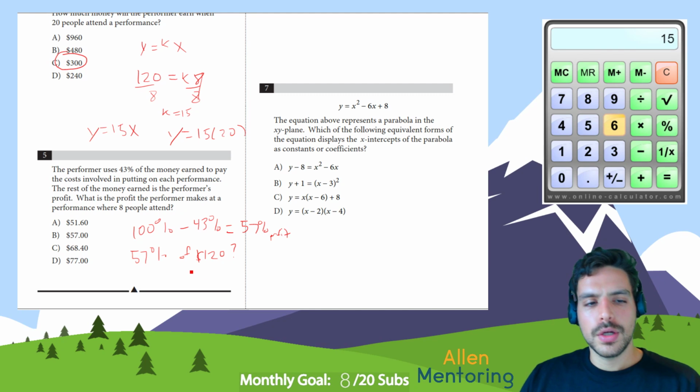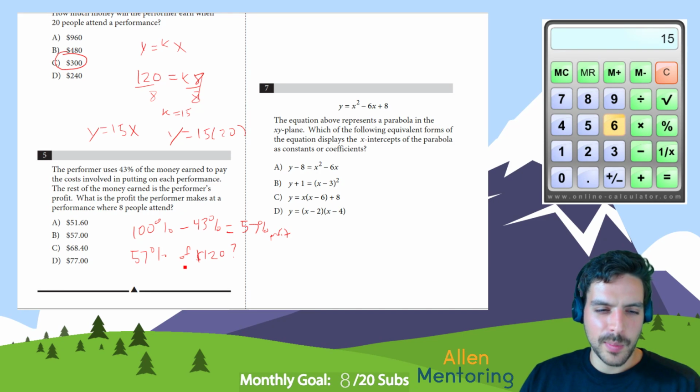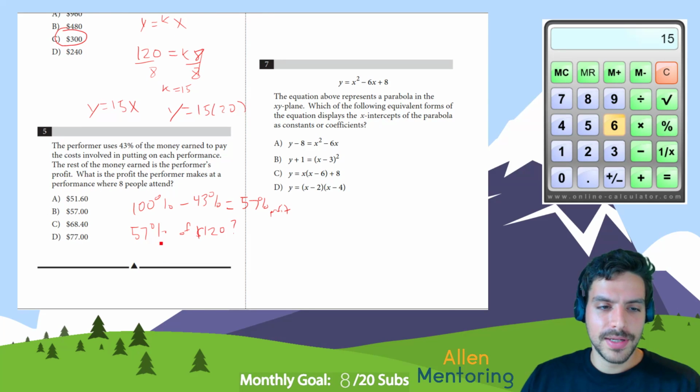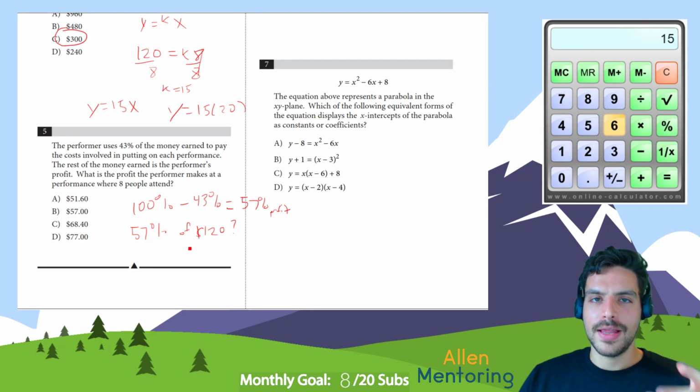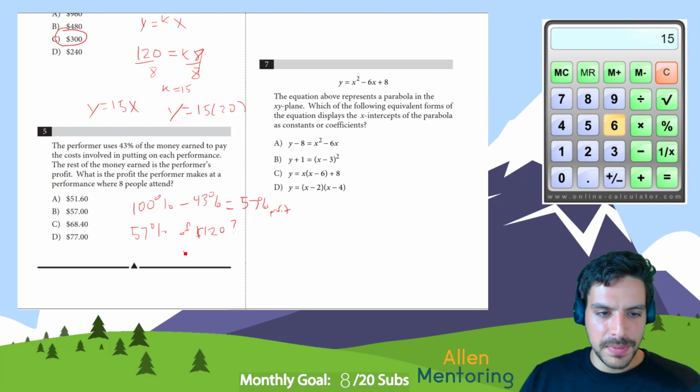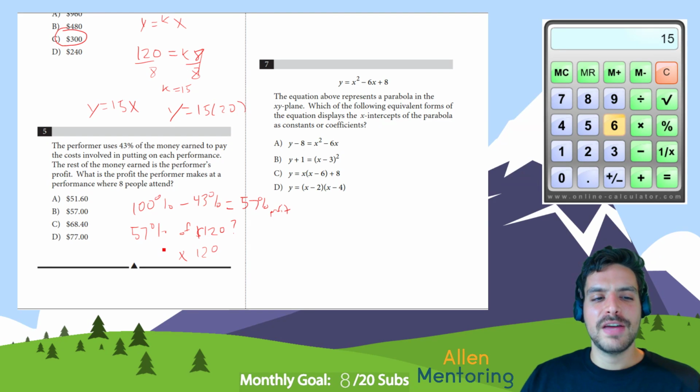Okay, so percent of problems are pretty much all done in a similar fashion. The way I like to do them is I like to translate them into the language of math. Of, in the language of math, pretty much just means multiplication. 120 is 120. And how do we translate 57% into a decimal?